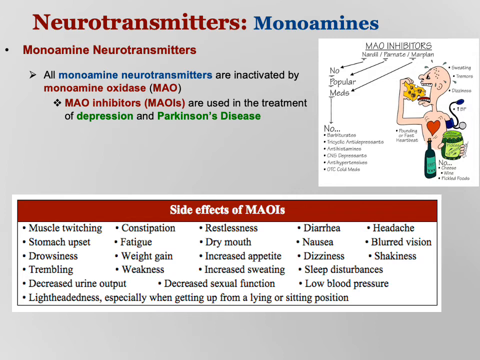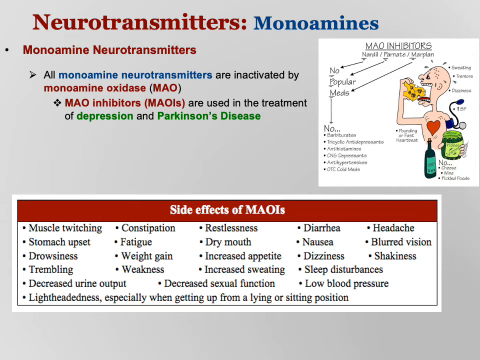If monoamine oxidase is the enzyme that breaks down all the monoamine neurotransmitters, and if we inhibit MAO, that means MAOIs are going to cause more monoamines to stay available in the synapse. Therefore, an MAOI, a monoamine oxidase inhibitor, is an agonist drug.